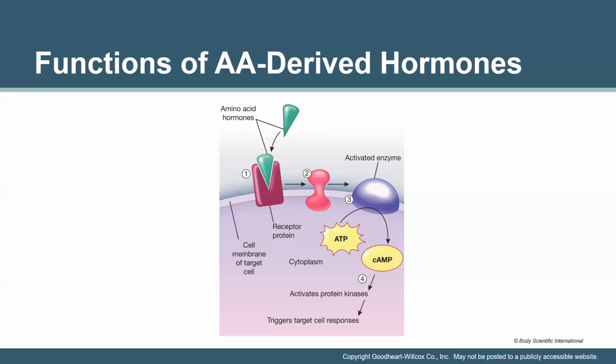The activated enzyme creates a second messenger, which has the ability then to work inside the cell. So slightly different than the steroid hormones in how it gets to that second step, or how it gets to the phase where it's able to produce something that inspires responses in the cell.